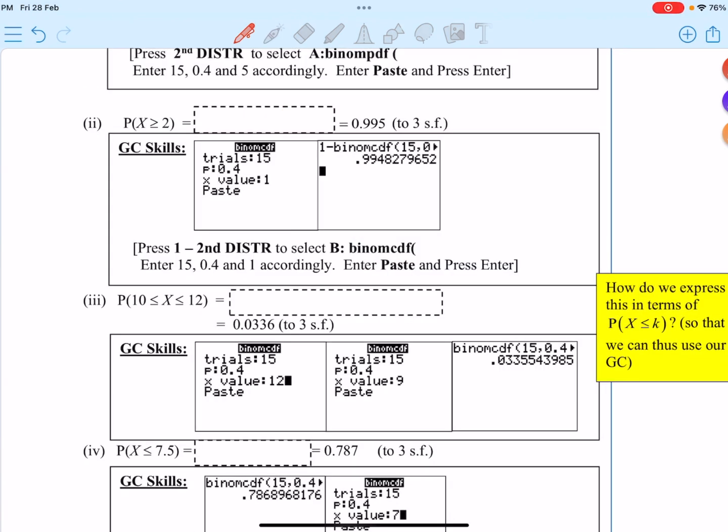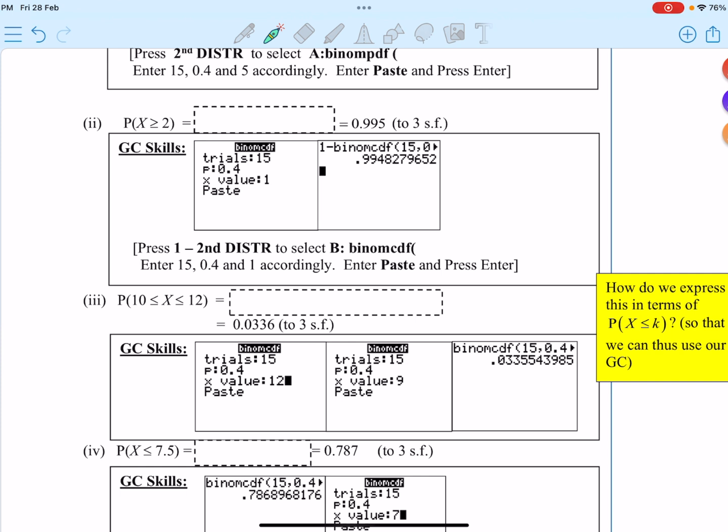In part 2, we are looking at least 2 patients survive, which can be represented in this probability statement as the probability of your random variable X greater than or equal to 2, because at least 2 survive includes 2. So how do you write it in the form that you need to key in to GC?